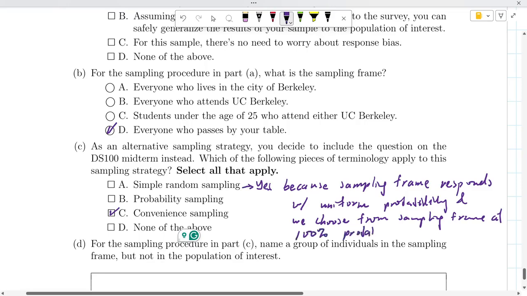So this is a slightly trickier description and wordplay with simple random sampling. By the definition, we choose from our sampling frame, which is the Data 100 midterm takers, at 100% probability. It's a simple random sampling because we're choosing everyone by a uniform probability, which is just 100%. Okay. And then because it counts as simple random sampling, it can count as a probability sampling.